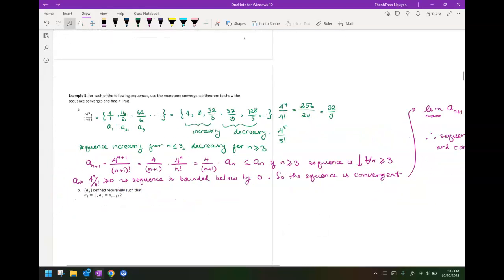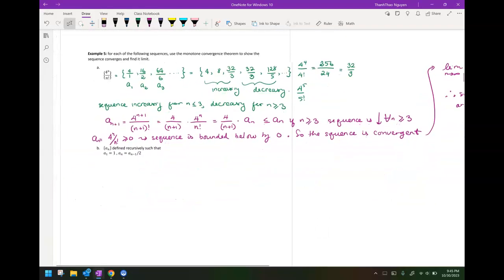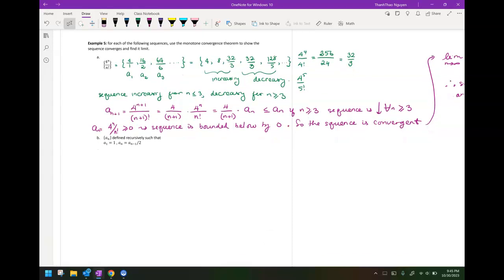Take a look at the next problem. A sub n is a recursively defined sequence such that a sub 1 equals 1, and a sub n is equal to a sub n minus 1 divided by 2. Let's first write out a couple of terms.